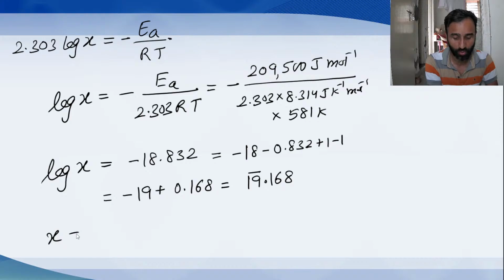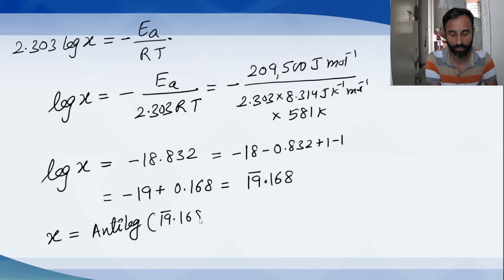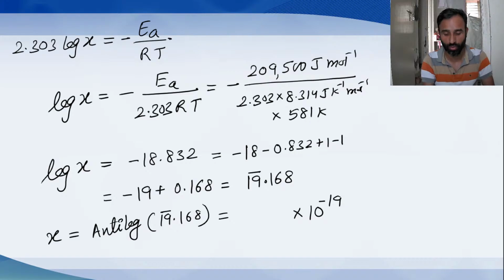X is equal to the anti-log of 19 bar 0.168, that is 10 raised to power minus 19 into anti-log of 0.168.